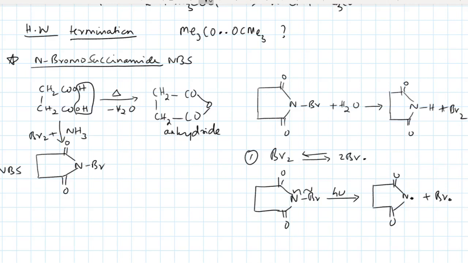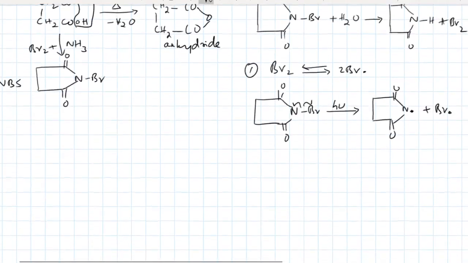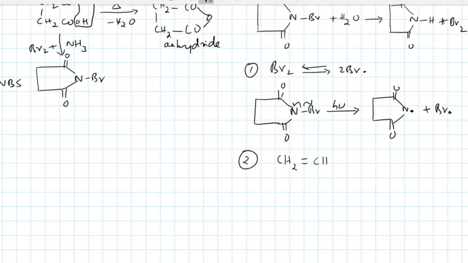Homolytic fission will be like this. So the next step will be the propagation step. What happens? It goes and attacks the allylic hydrogen. So we have the allylic hydrogen here, CH2 double bond CH, CH2-H. This is the allylic hydrogen, and this will be attacked by the Br dot to form the corresponding compound as shown above.